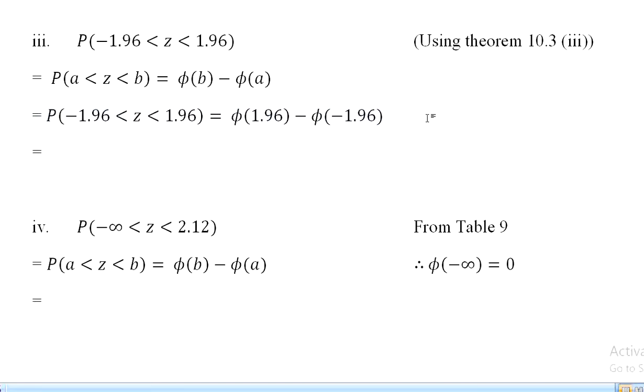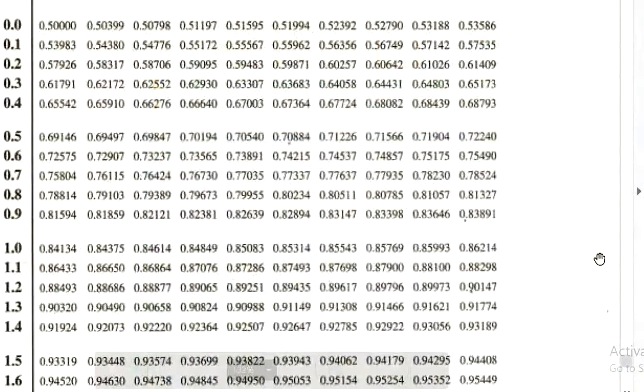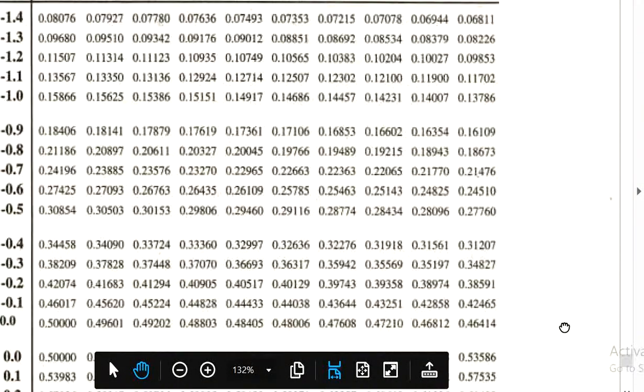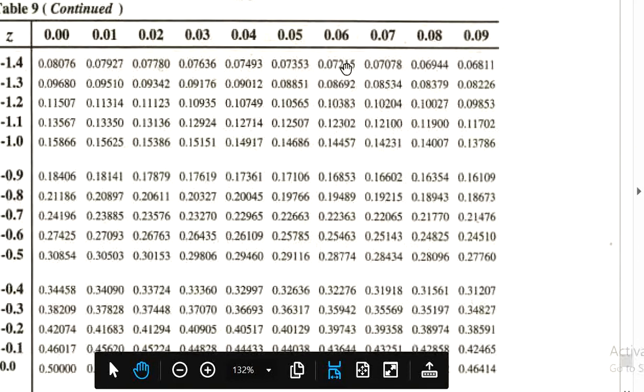Now I'm using table number 9 to find 1.96 and minus 1.96. So phi of 1.96. Okay, this is the 6th column. This is column number 6.